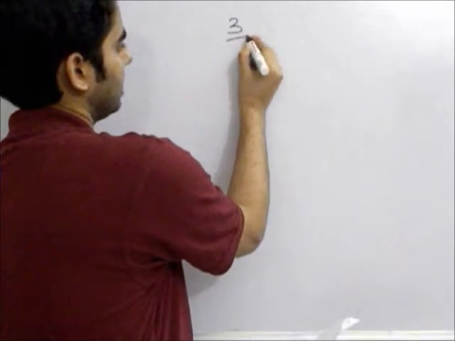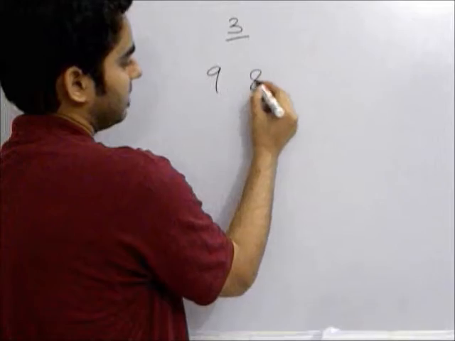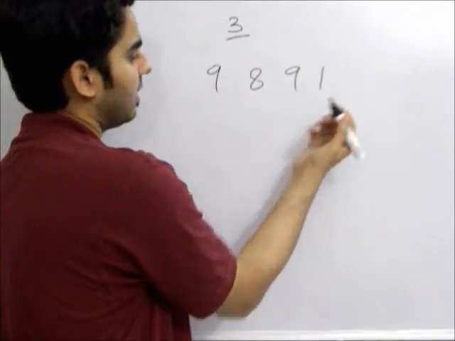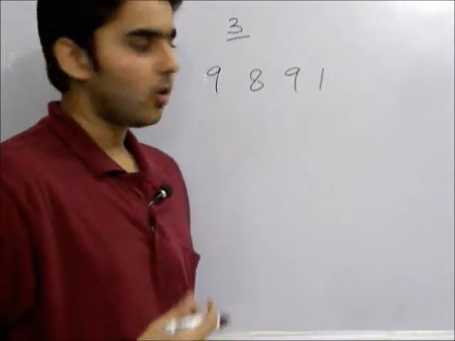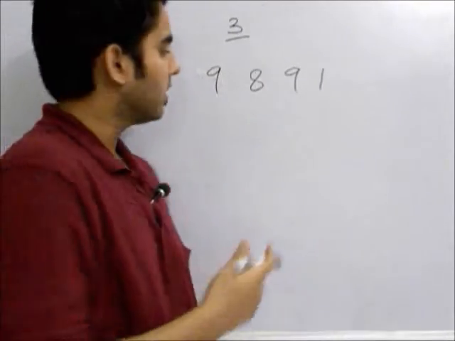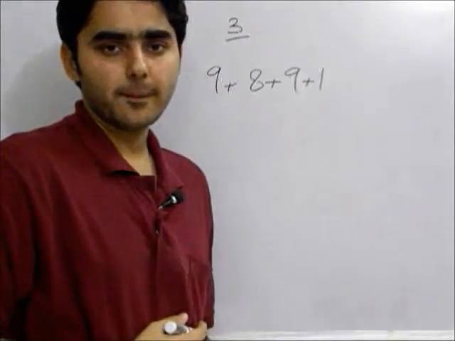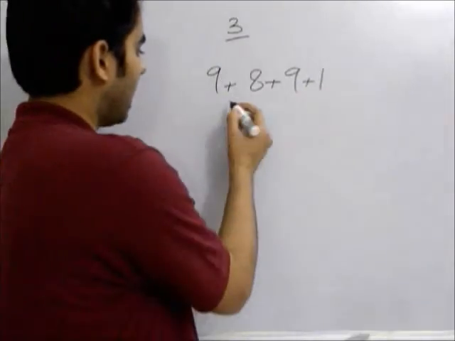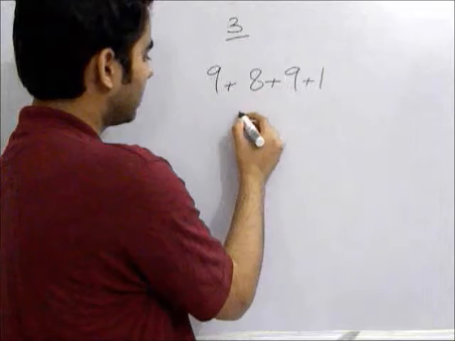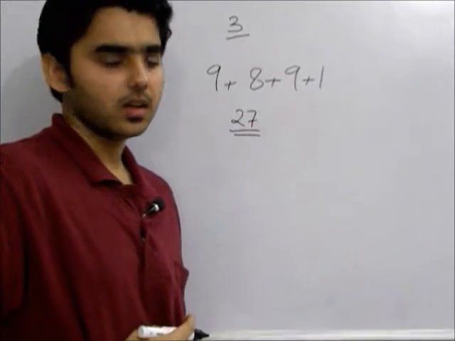What about 3? Let there be a number, let's say 9891. In order to find out whether this number is divisible by 3 or not, you just add the individual digits. So this is 27, right?